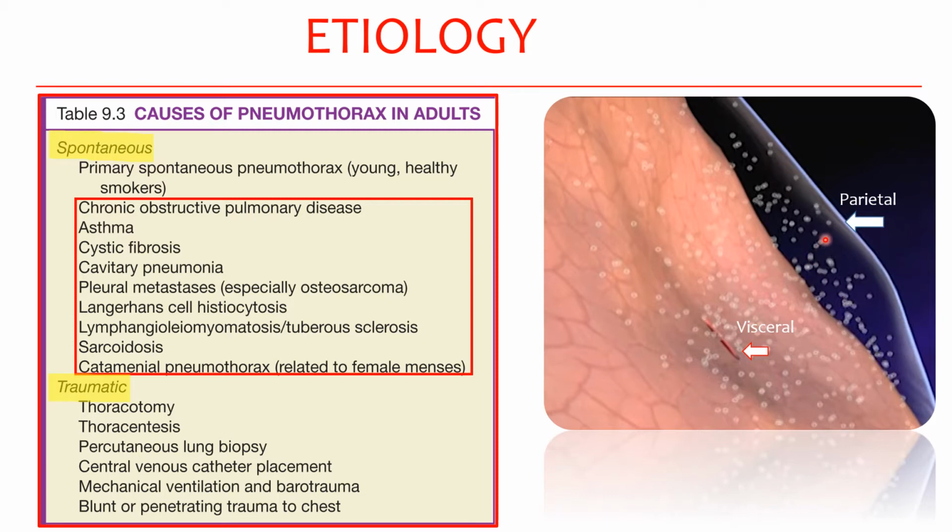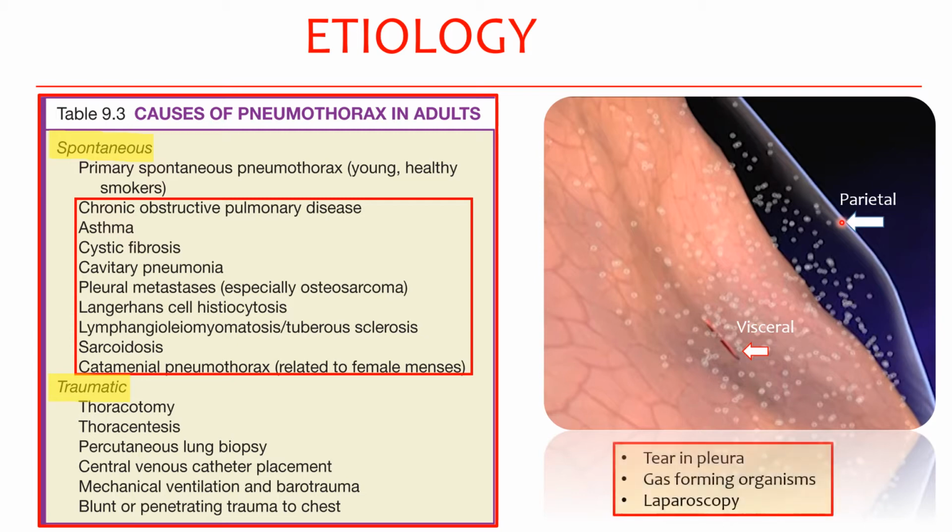And sometimes in trauma patients there is a tear in the parietal pleura, and this is called an open pneumothorax, and you have to seal it with some bandage so that air does not enter into the pleural cavity.